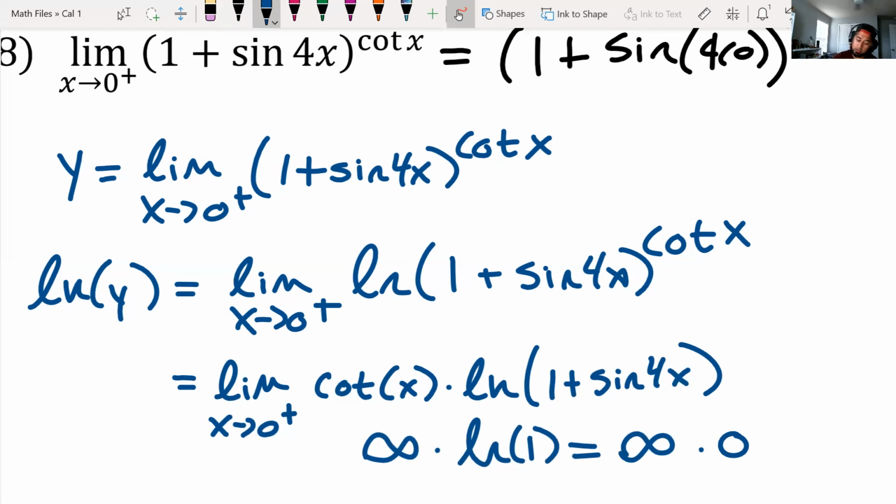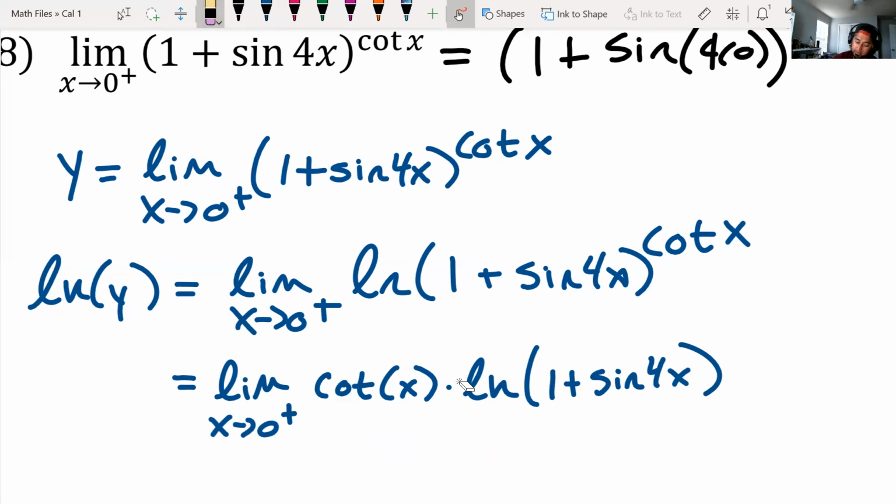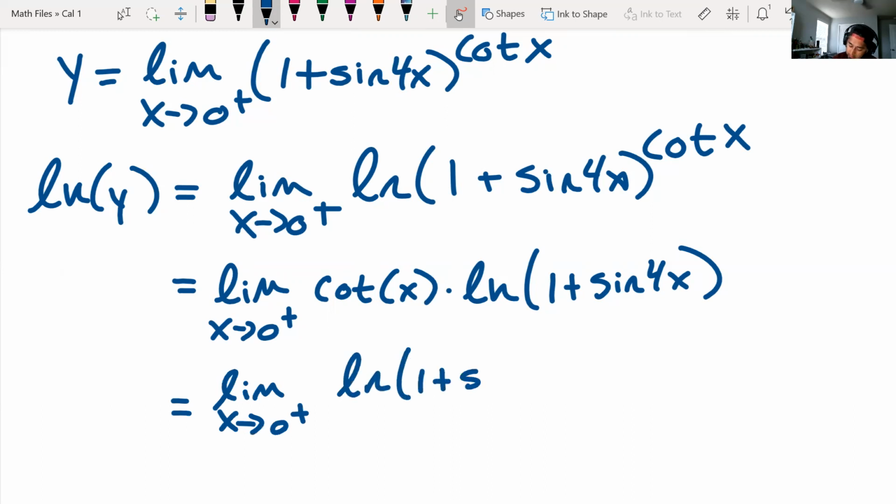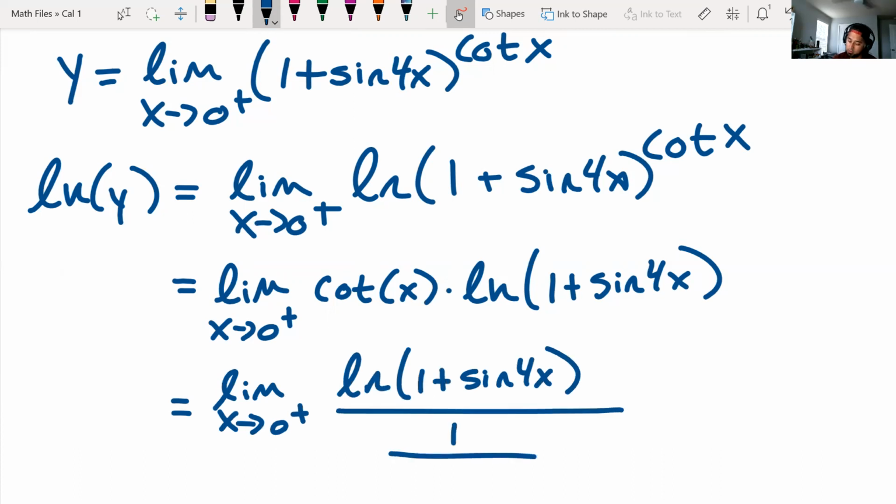Okay, so with that being said, this still has to be fixed. So now you have an indeterminate product, which means we need to rewrite it as a quotient. So again, you want to be smart. You keep the natural log in the numerator and you put anything else in the denominator. So when I rewrite this, I get the limit as x approaches 0 from the right of the natural log of 1 plus the sine of 4x over 1 over cotangent x.